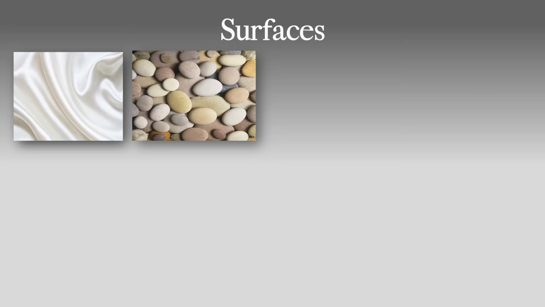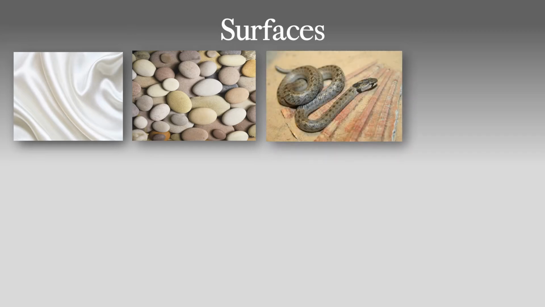Look at the stones. Is there anything special about these stones? And a nice snake. Can you remember what this is? How do these feel and how do they look? Smooth, that's right. In English we say smooth as silk, and this snake is called a smooth snake.